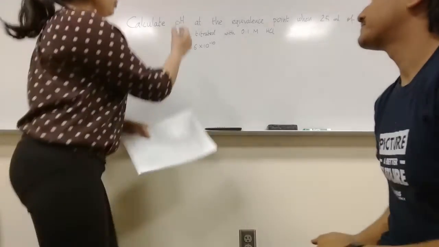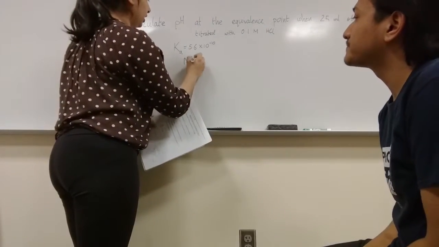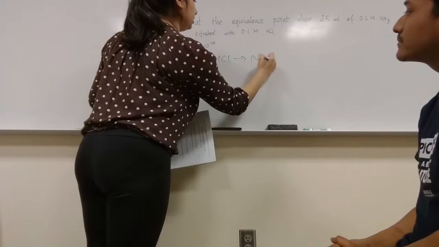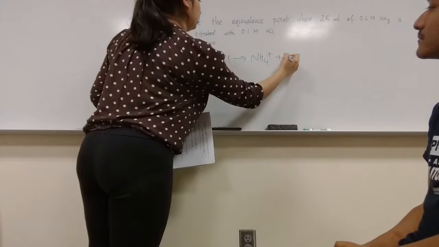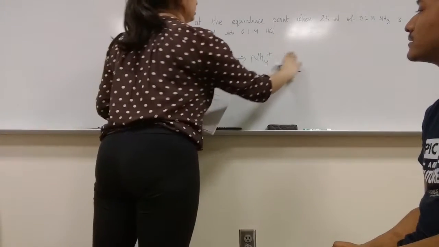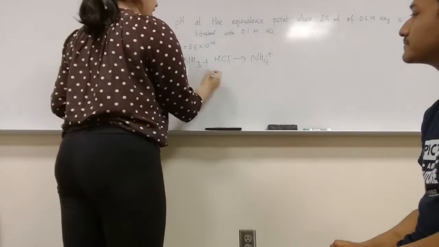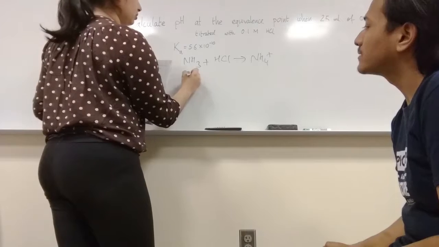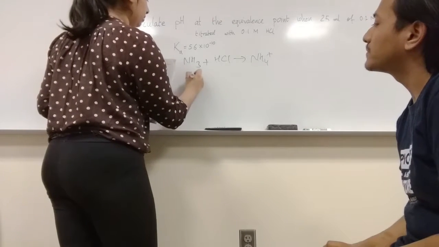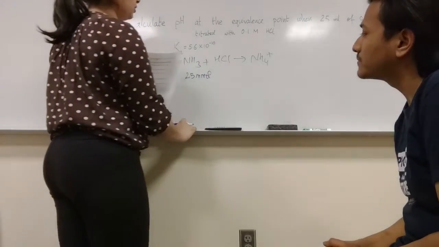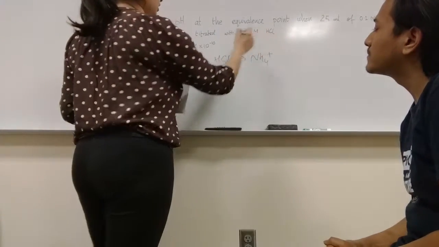Okay. So if I react NH3 with HCl, I would just get NH4 plus. And I have 2.5 millimoles of NH3, but I don't have the volume for HCl.